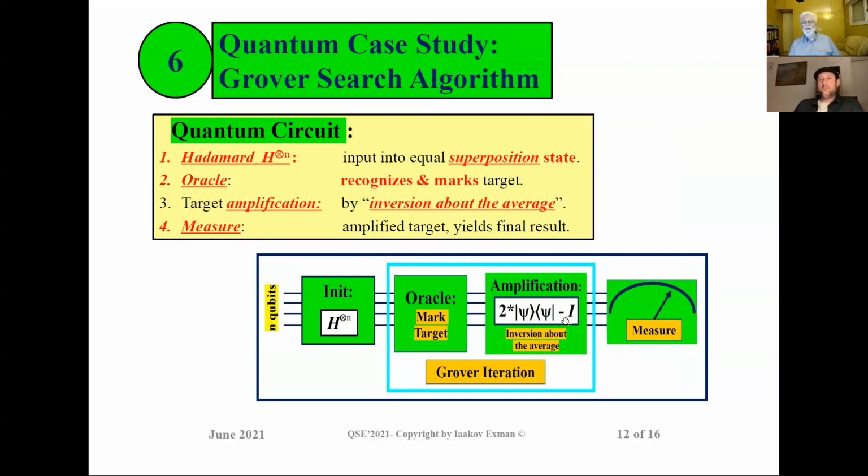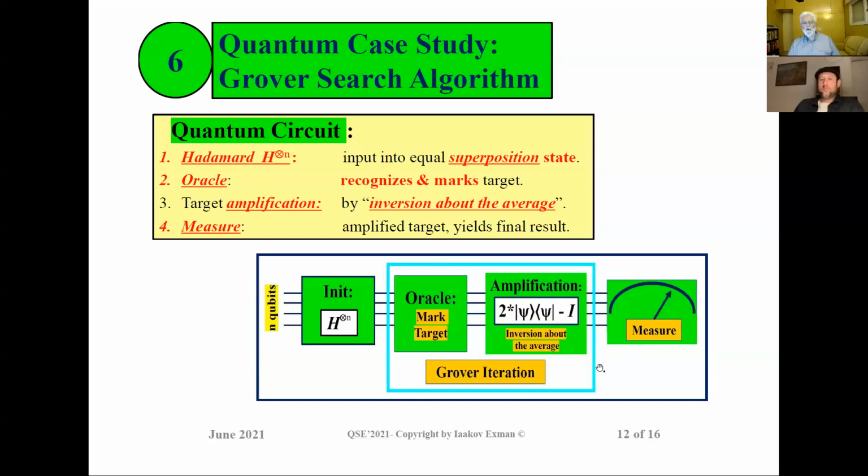This is an expression of the functional, and the purpose is as follows. This marked target has an amplitude that in each cycle is going up and up and up until it is almost the only item that has almost 100% probability of being caught by the measurement.